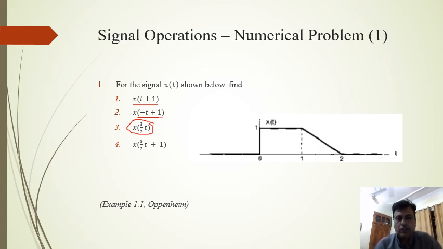And the fourth operation is x of 3 by 2t plus 1, which is basically a combination of time scaling and shifting. So here you have to follow those instructions we discussed in the examples on a slide, about which operation you should perform first when scaling and shifting are combined.